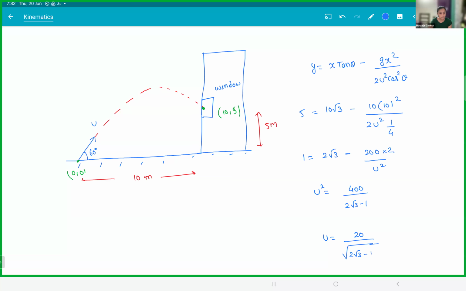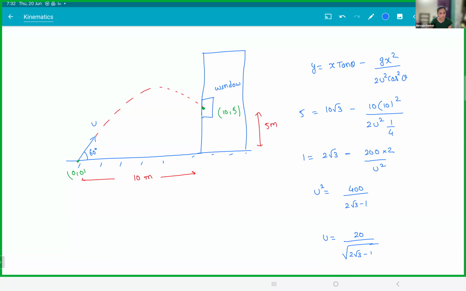So divide this into components. This would be u cos theta, which is 20 cos 60, so 10. This is your ux. And uy is u sin theta, which is 20 sin 60, so 10 root 3. For time of flight, nothing directly goes back to the equation in the vertical direction.